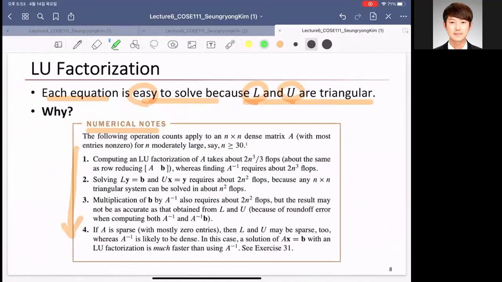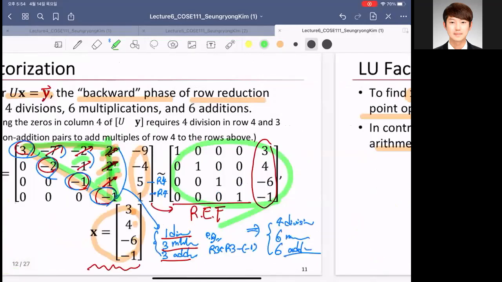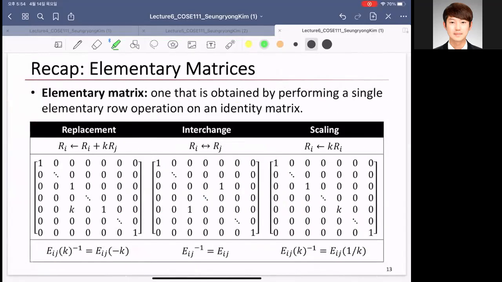So this one is the numerical note on why the LU factorization based method is useful and more efficient compared to directly solving AX equal to B. Right? Question.